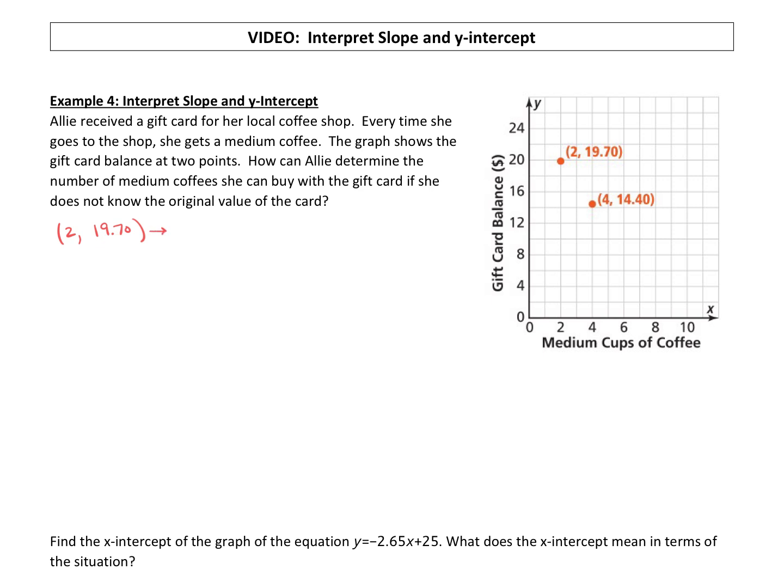So after buying 2 cups of coffee, or 2 coffees, let's say that, her balance on the gift card is $19.70. All right, our second ordered pair is 4, 14.40.